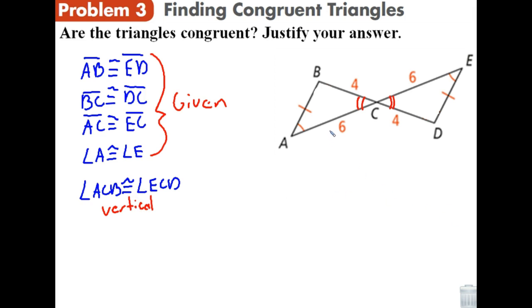Now once I have two triangles with two angles congruent, I know the third angle is congruent basically for free, and that's based on our third angle theorem. We could say that angle B is congruent to angle D, again by the third angle theorem.